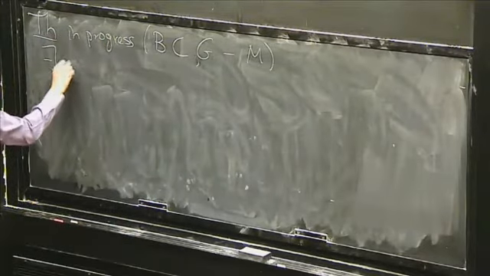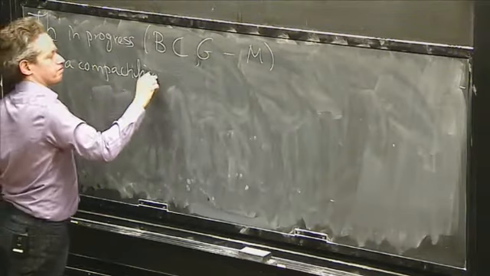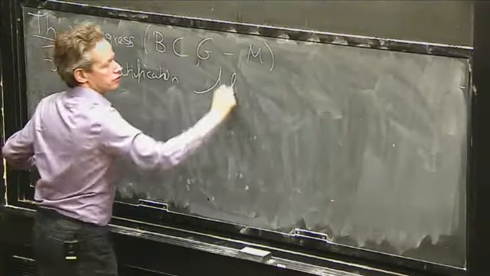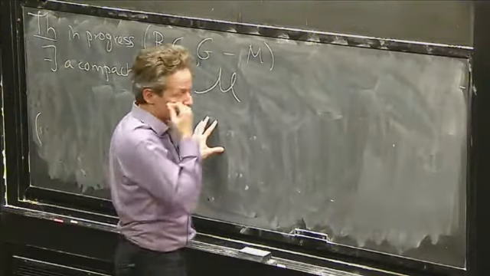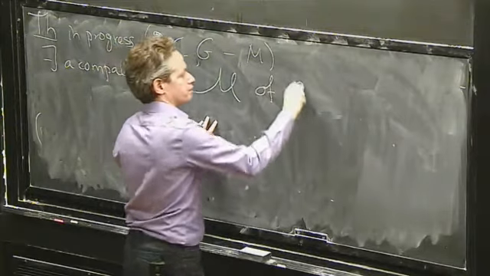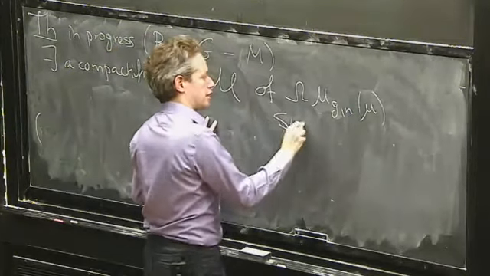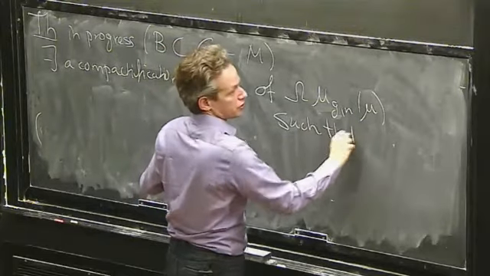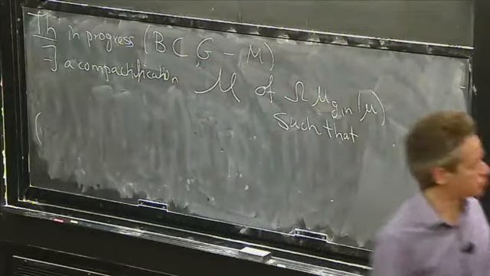There exists a compactification, I'll call it M for lack of a better symbol to write, of a stratum, such that I'll write a column for M and tell you which properties it has.